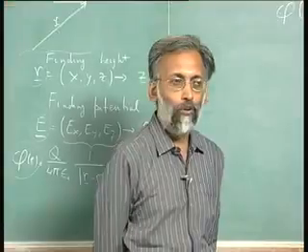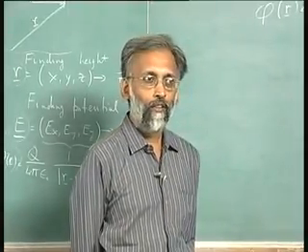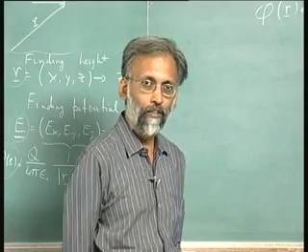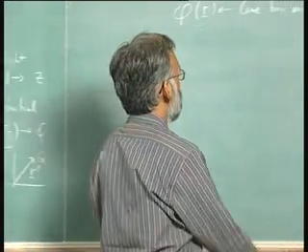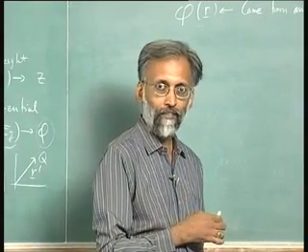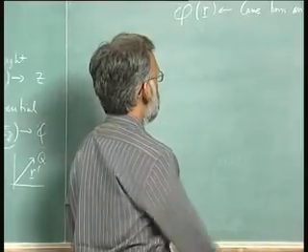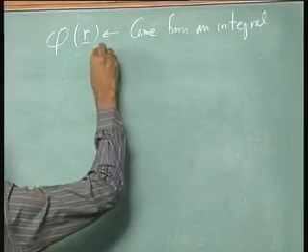Now, I am sure you know that when we integrate things, we get smooth functions. In other words, the integral of any function is continuous. So, what it means is phi is smooth.